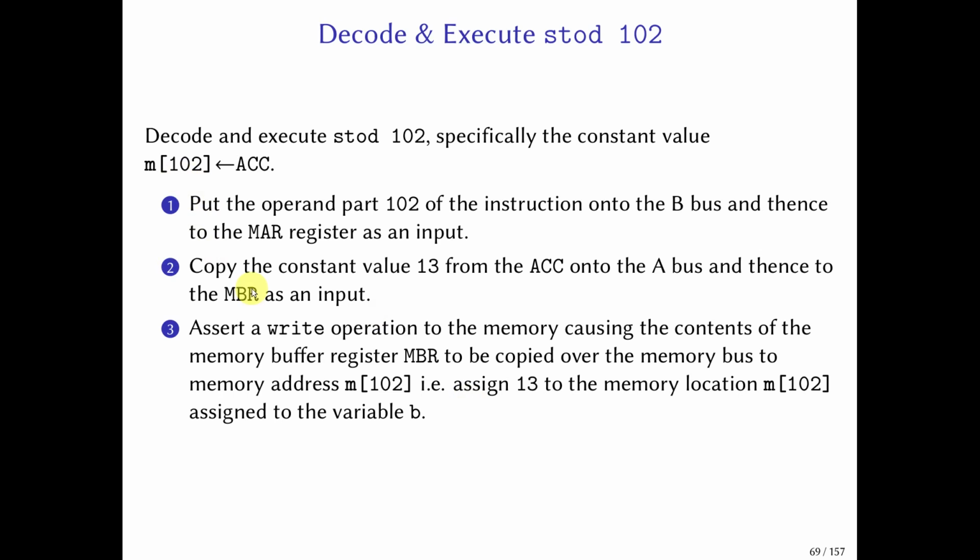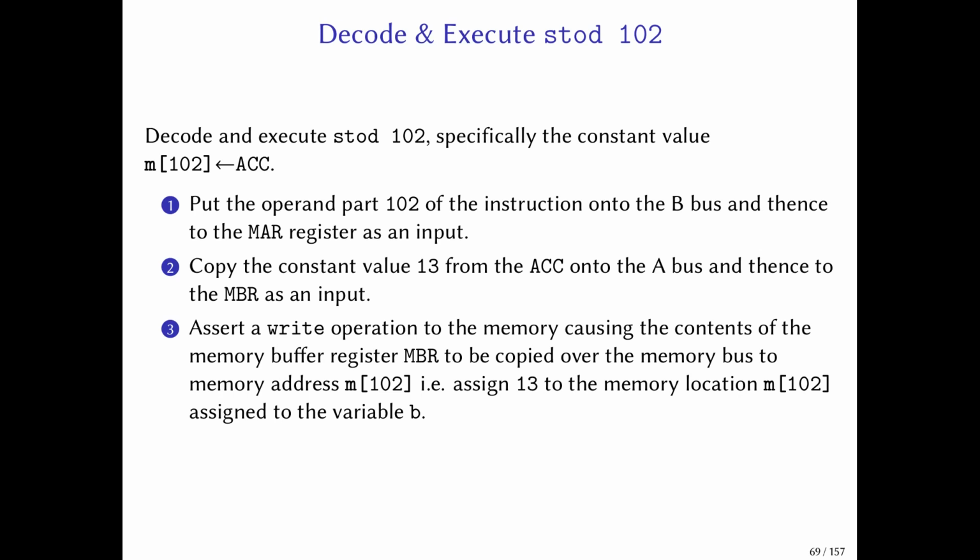So again, when you're thinking about what a machine code instruction does, hopefully you'll always have the printed table in front of you, and when I look up the second row of that table, I can see that STOD x stands for store direct, and when I look at the actions part of that table, you can see that whatever value is in the accumulator gets copied into the memory address x.